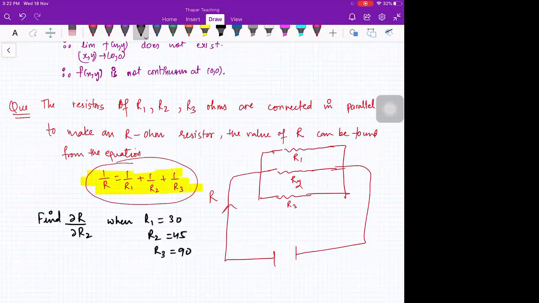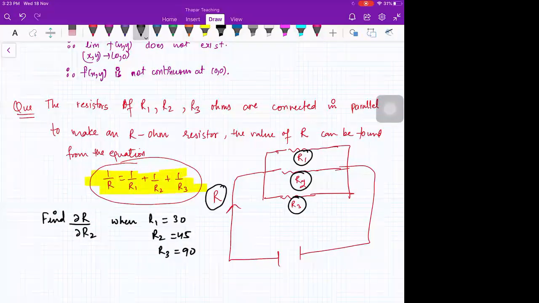This is an example where your final resistance depends on 3 things: R1, R2, R3. So if you want to compute the rate of change with respect to any of the independent variables, you have to consider partial derivatives.